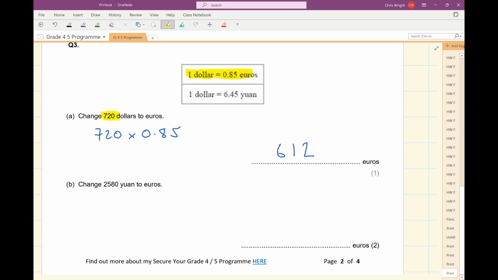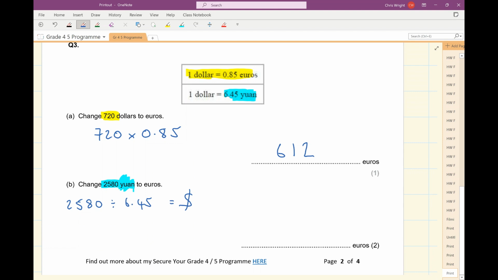Right. Next question. Change that many of those into euros. Now, every 6.45 of those is $1. So if I take 2580 and divide by 6.45, then I work out how many dollars that is. And then I'm going to have to take the dollars and change them into euros.